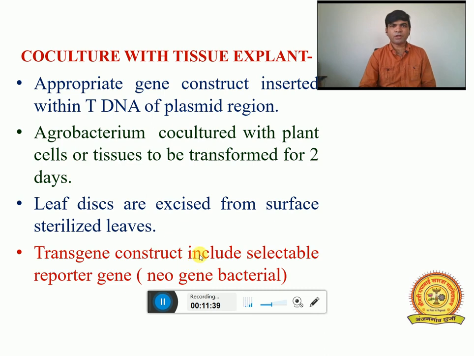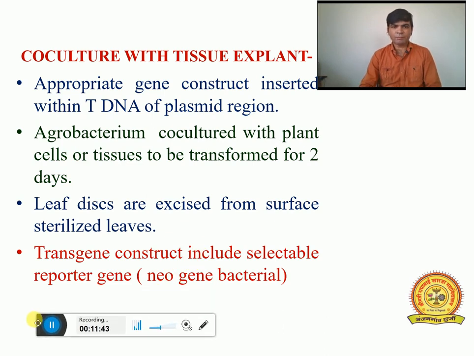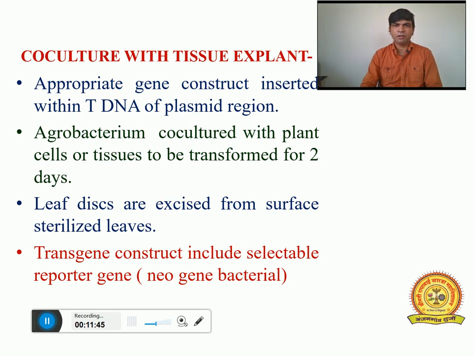After the introduction of the gene of interest into the T-DNA region, this Agrobacterium is co-cultured with the plant cell or tissue to be transformed for 2 days. Now these leaf discs are excised from surface-sterilized leaves, and the transgene construct includes the selectable or reporter genes.